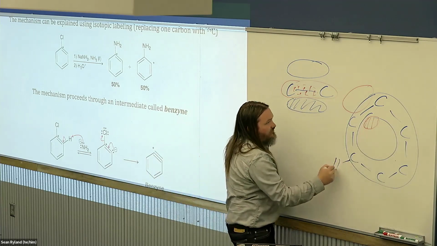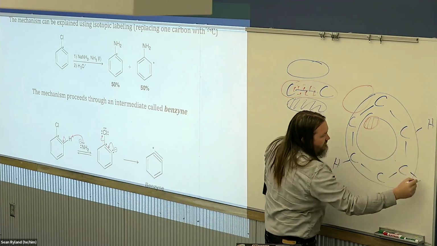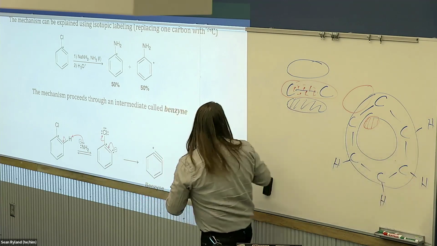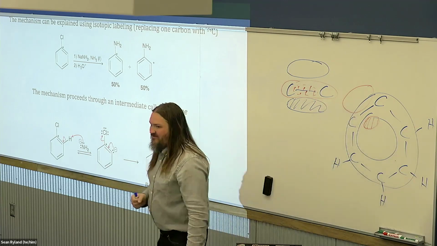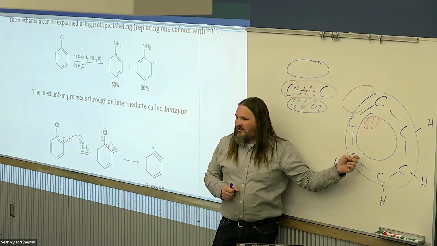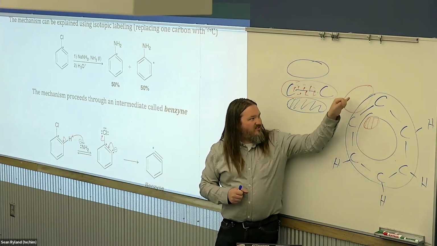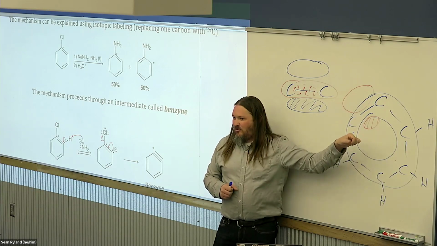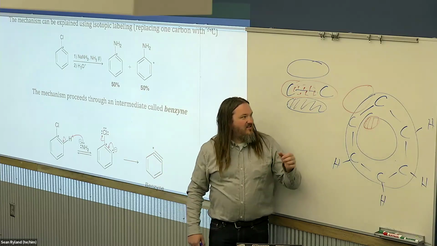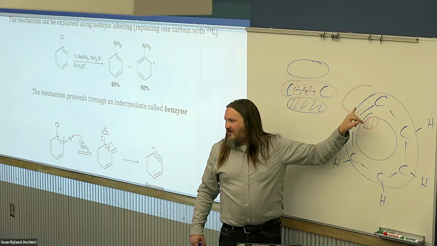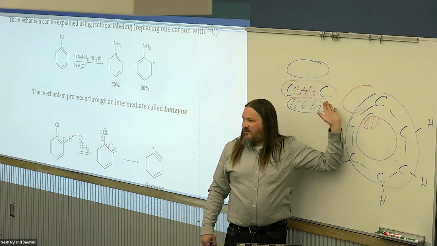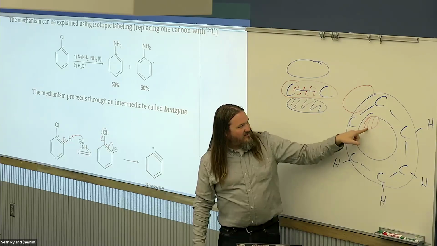It still is aromatic because the red bond is separate from the rest of it. The blue pi bonds are all still resonating, they're all still aromatic. And so this is almost like behaving like a lone pair, the way we can have a lone pair that's not part of the benzene ring, except because it's actually a pi bond, part of it is not just sticking out 90 or 180 degrees from everything else. Part of it is stuck inside.